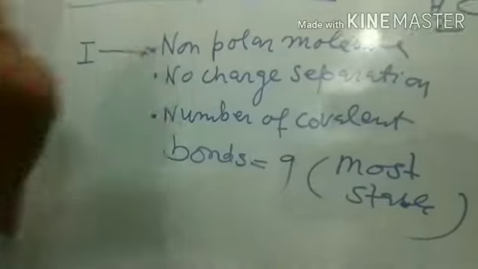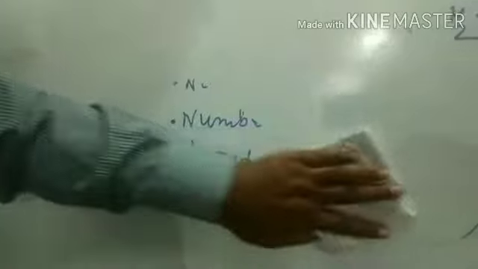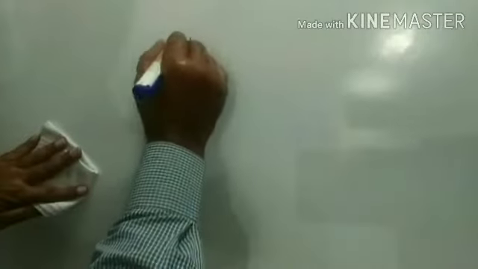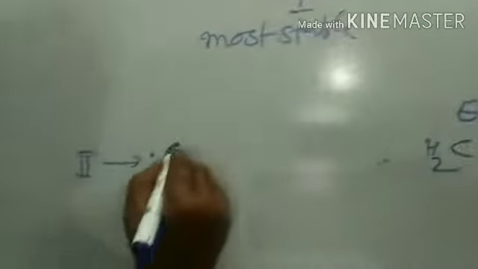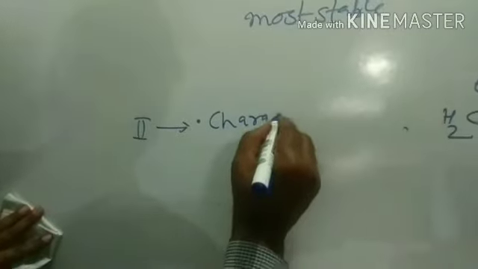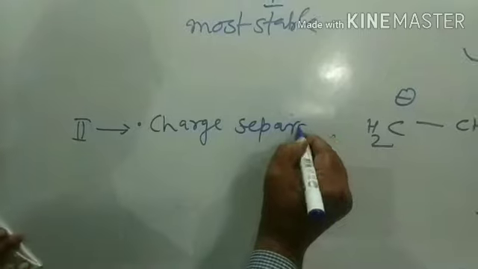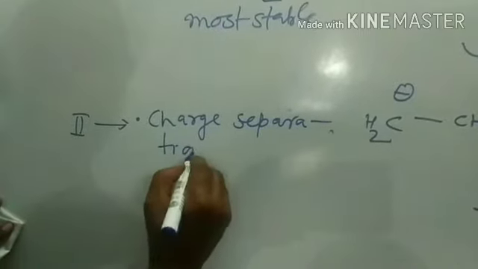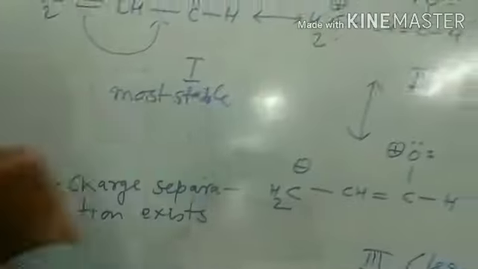Now see about the second. Positive and negative, negative and positive, charge separation exists. So it is less stable than first.